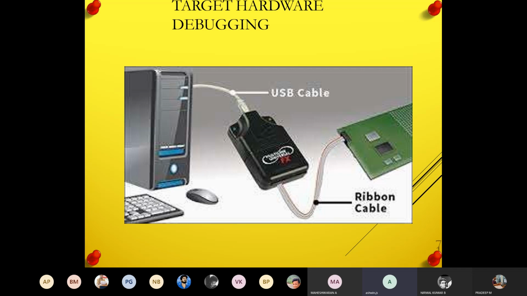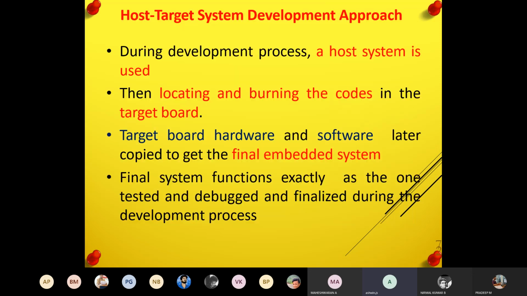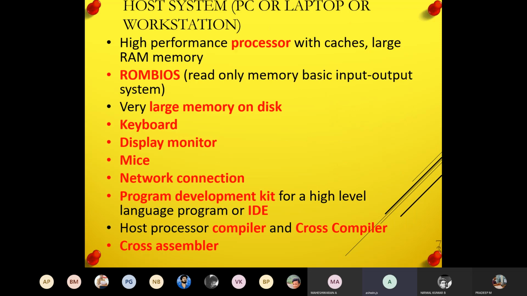Suppose I am checking the biometric, then the biometric is the target, and I will connect it to the computer. I will check. So the computer is the host. So I will give the input manually using the keyboard, and I will check whether it is working fine, whether any error is there, whether any delay is there, whether I want to change the program. So like this, I will keep on checking. So for that purpose, to debug the hardware, I'm using this one. Okay. So that is the last one.